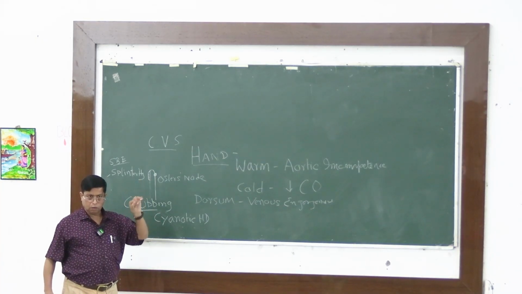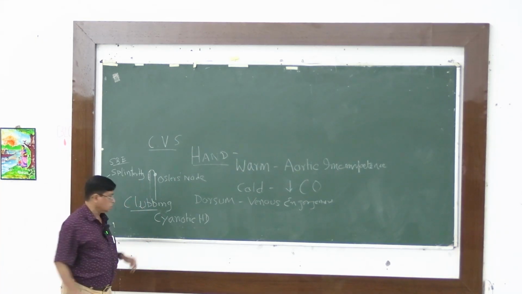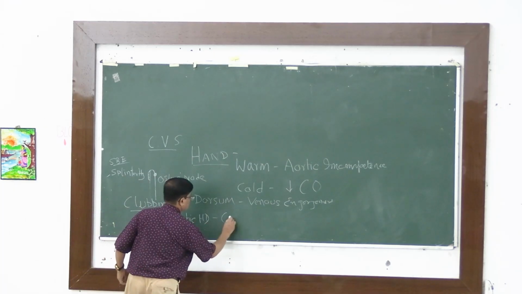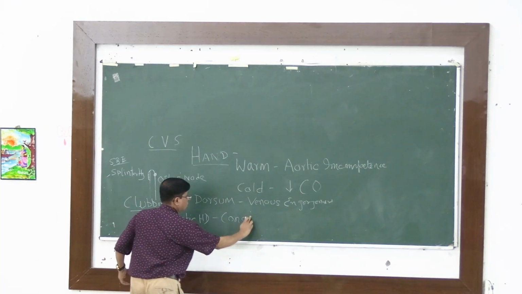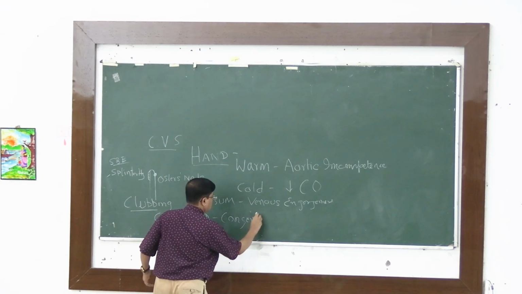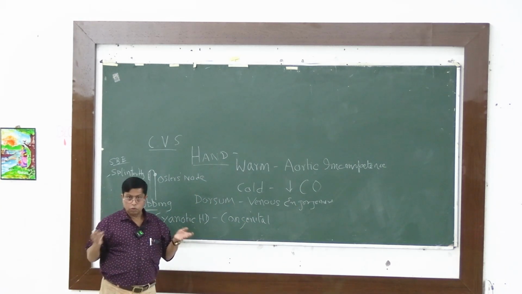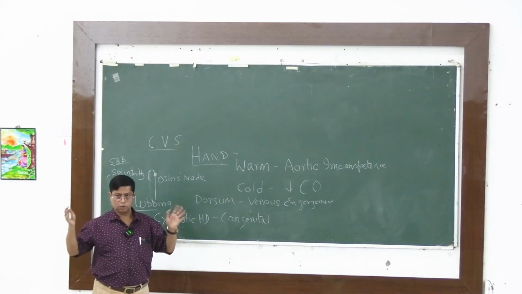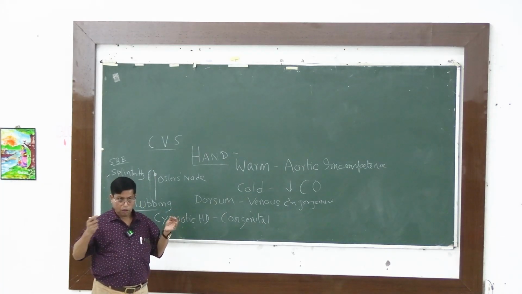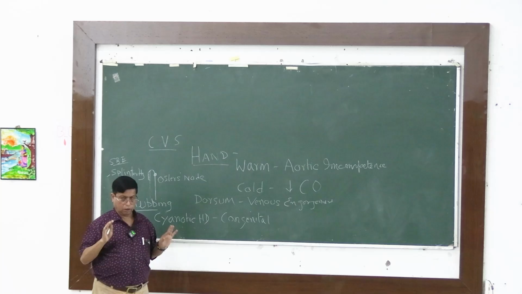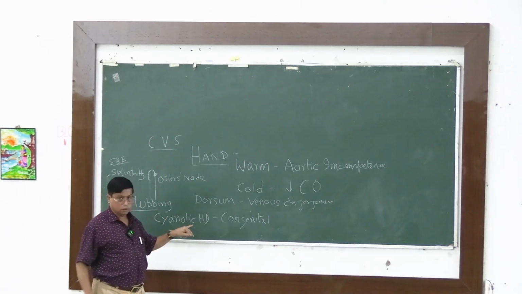One is congenital, one is acquired. Congenital, so we call it congenital cyanotic heart disease. I am coming to acquired later on. This is congenital cyanotic heart disease.